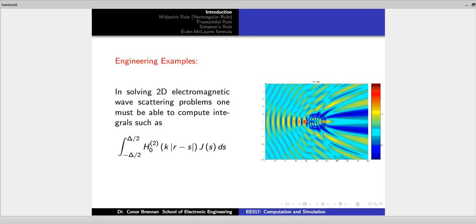My students wrestle with this, and part of making a nice picture like this involves an integral such as this, the details of which aren't hugely important to us, but suffice to say it's an integral over a straight line from limits minus delta over 2 to plus delta over 2 times this. And what does this mean? Well, what the student does is he takes the cylinder and breaks it up into little chunks. On the surface of the cylinder, he breaks it up into many small discretizations.